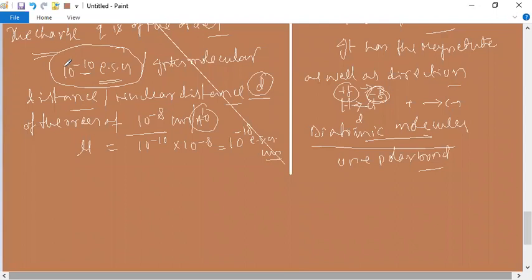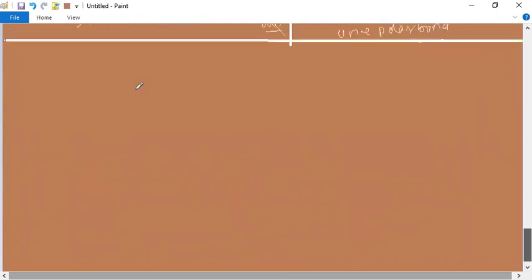If you are taking tetraatomic, then it will have different bonds, but a diatomic molecule has only one polar bond. In HCl, one end is negative and the other positive, already defined. The dipole moment of HCl is 1.03.